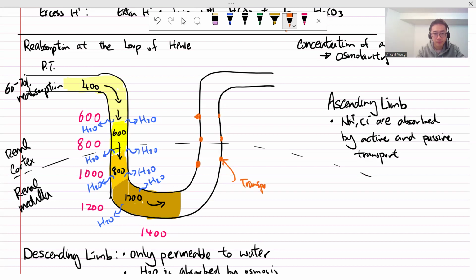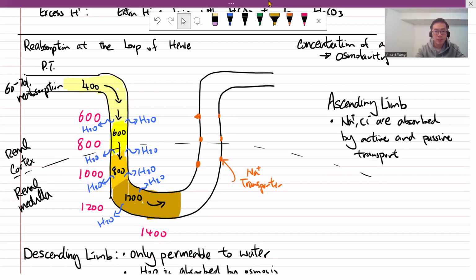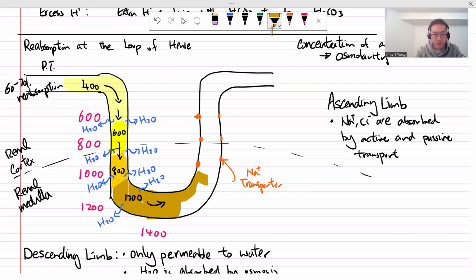Na plus transporter. And Na and Cl, they are always together, like traffic and weather. Right? When Na goes, Cl is gonna follow it. So this stuff's gonna come up, and we're gonna absorb the NaCl.